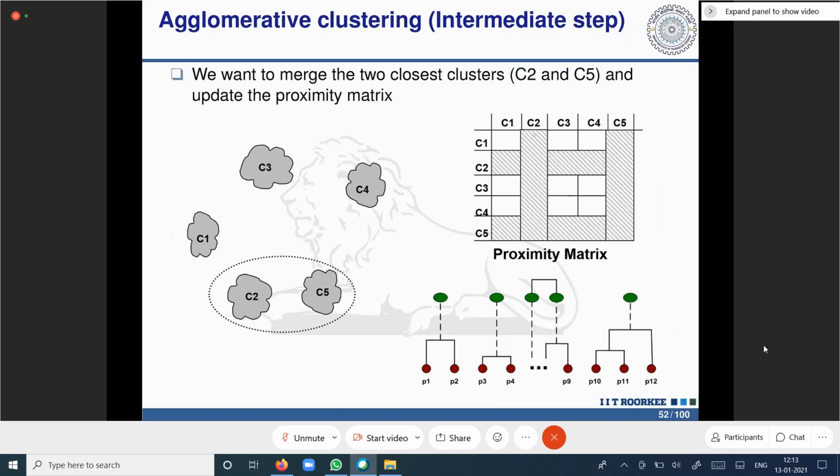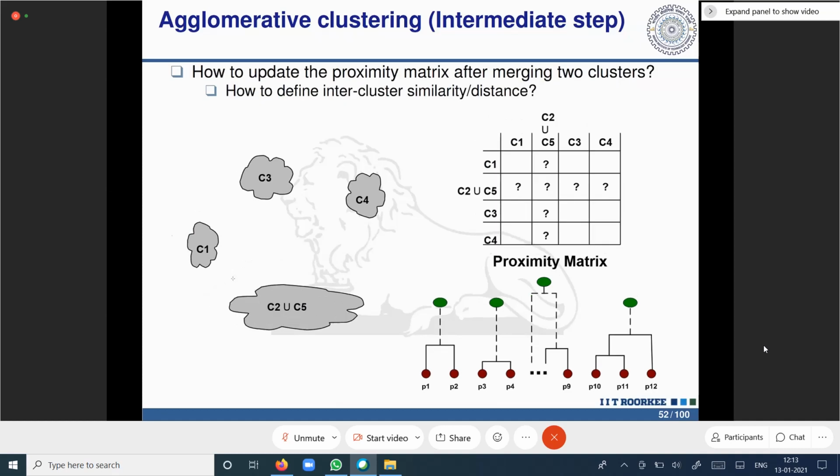Let's say we have these clusters C1, C2, C3, C4, C5, which consist of a few points, and this is the updated proximity matrix between these clusters. Now let's say in this step, we want to merge the two closest clusters, C2 and C5, into a single cluster.